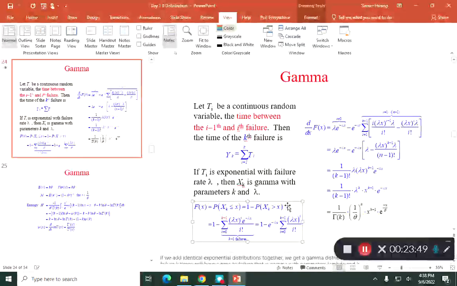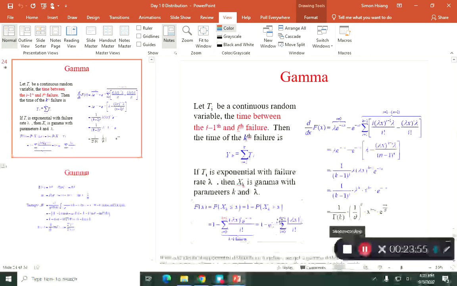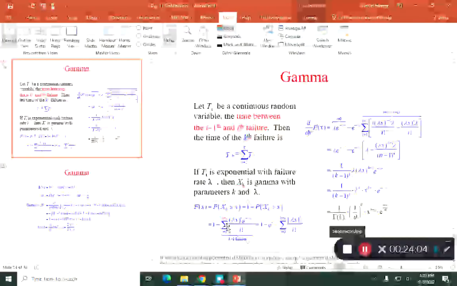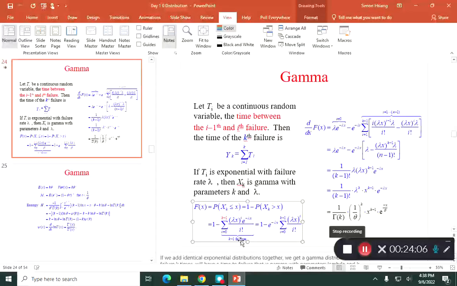Because the last one is the one we measure. So I basically say 1 minus the last one, and the part I marked red means you will have k minus 1 failures in between.